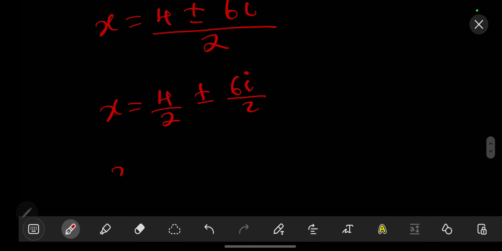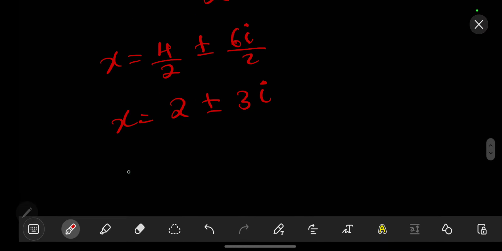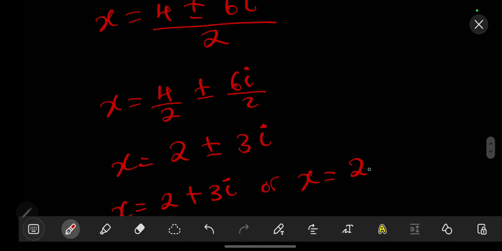Then x is equal to 4 divided by 2, that's 2, plus or minus 6 divided by 2, that's 3, then i. So either x is equal to 2 plus 3i, or x is equal to 2 minus 3i.